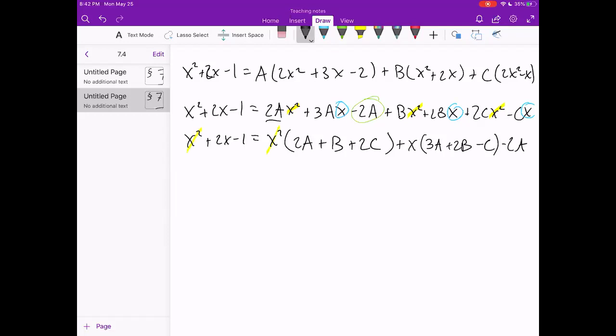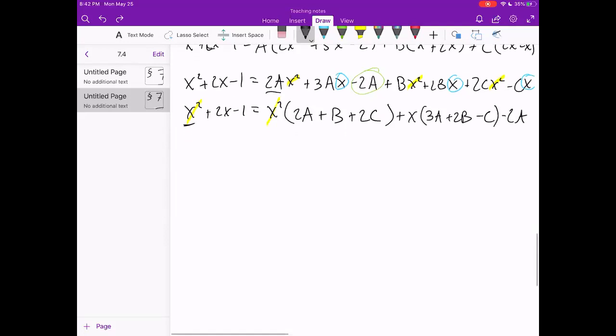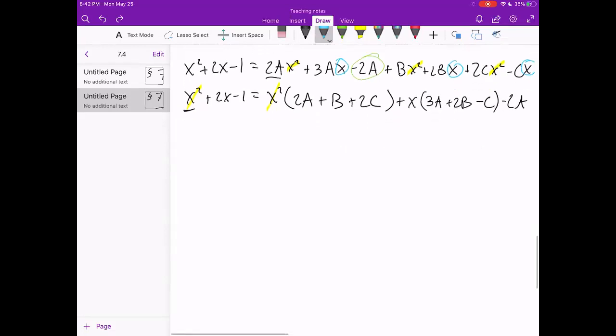So if you look at the coefficient over here of x squared, what is that? Well, it's 1. I have 1 times x squared there. So what I can do is set those two coefficients equal. I can set the coefficient here equal to the coefficient of this. Because if these two polynomials are equal, those two coefficients have to be the same. So first I get 1 is equal to 2a plus b plus 2c.